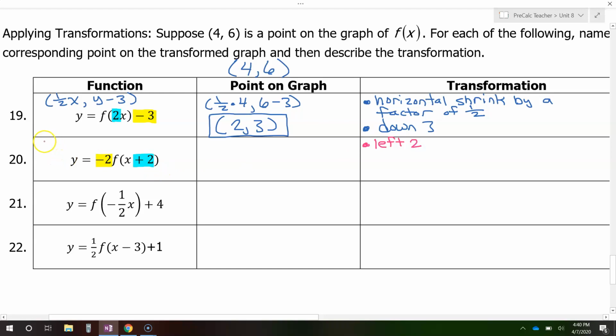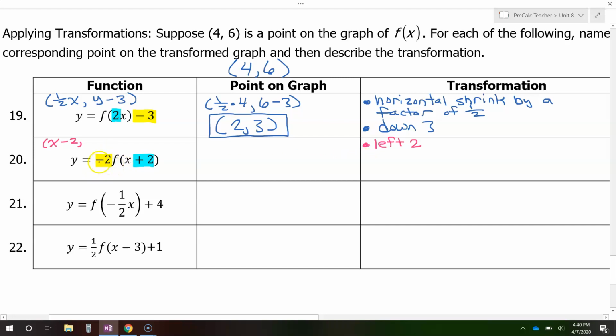All right, because of that, we're going to take any x value and we're going to subtract 2 because it's really left 2. Now, let's talk about what's happening in the front here. This is actually 2 separate transformations.